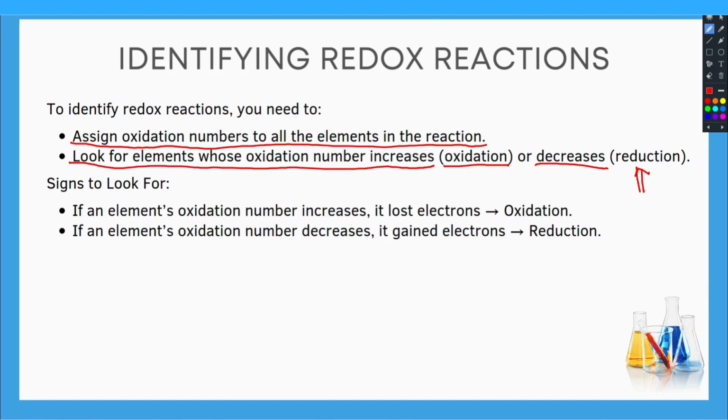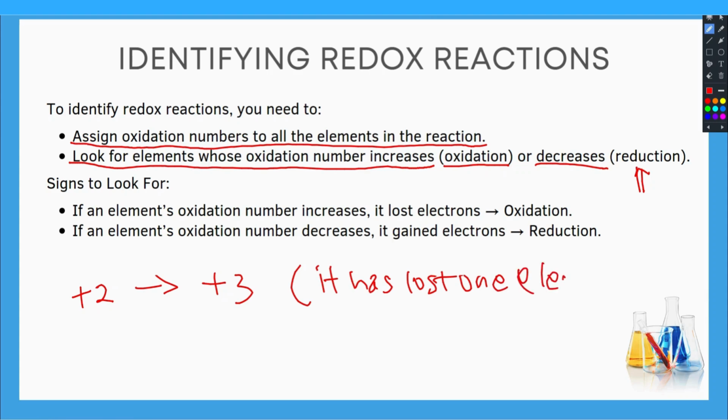For instance, if an element has an oxidation number of, let's say, +2, and then from +2 it increases to, let's say, +3, we simply say it has lost one electron, and that's oxidation.